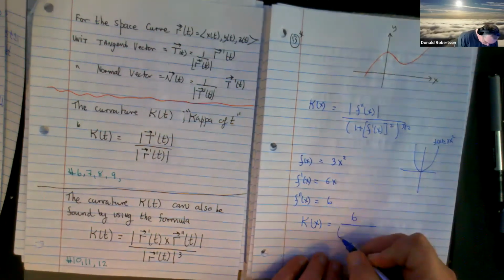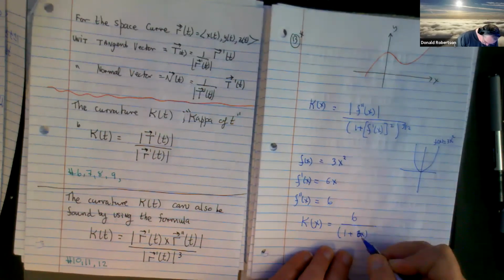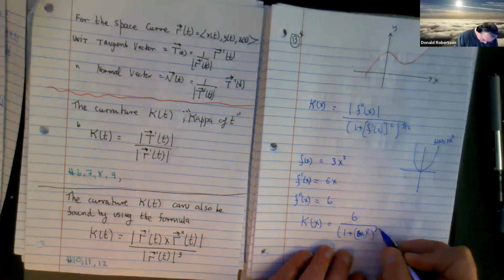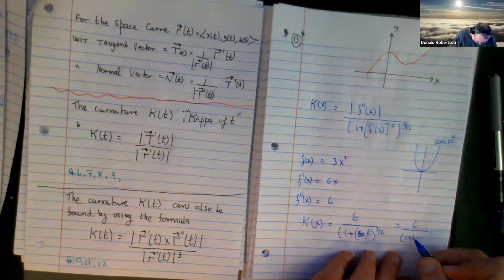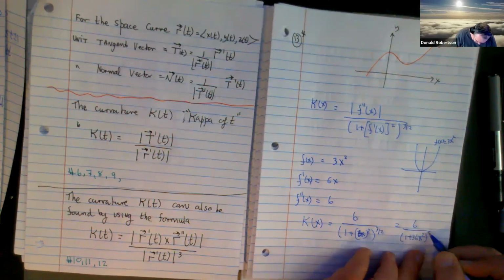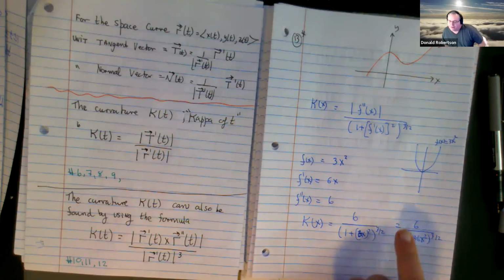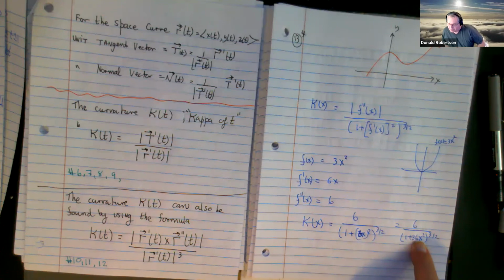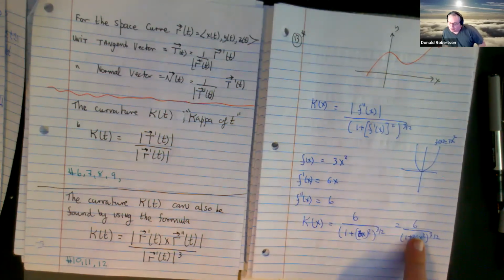On the bottom, it's going to be 1 plus the derivative, 6x squared, raised to the power of 3/2. So that's going to be 6 over 1 plus 36x squared to the power of 3/2. And I can tell you that it's going to be its biggest value when x is 0, which we predicted. In fact, if x is 0, wouldn't the curvature be 6?